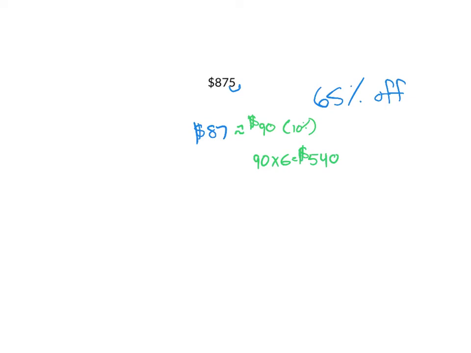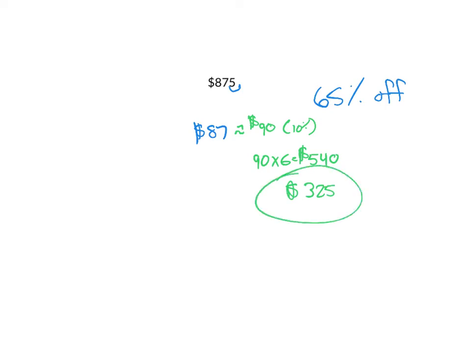Now you could even leave it at that and say, okay, I know I'm going to get $540 off, and subtract that from the 875 and even make it $550, because it's about 15%. Then you would go 875 minus 550, and you would get, let's see, 550 and 300 is 850, and 25 is 875, so 325 is roughly what you'd be paying.